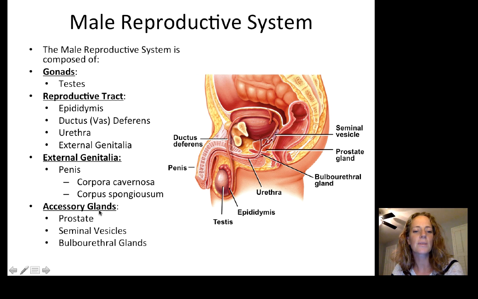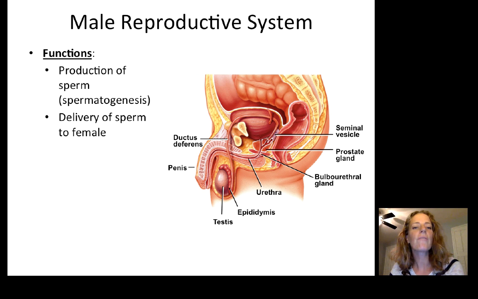There are also accessory glands in the male that help to support the sperm and to add fluid to the final as the sperm are traveling out of the body. So we have the prostate, the seminal vesicles, and the bulbourethral glands. So the function of the reproductive system is the production of sperm in males, which is spermatogenesis, and the delivery of the sperm to the female.